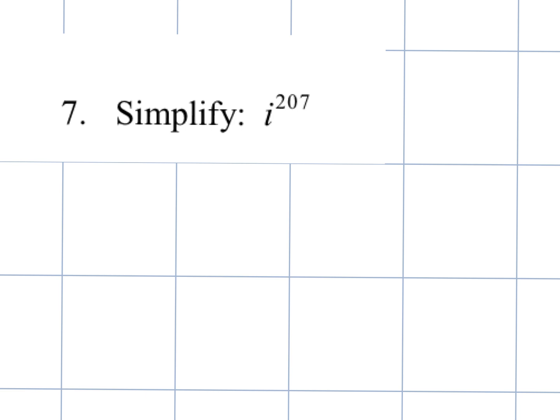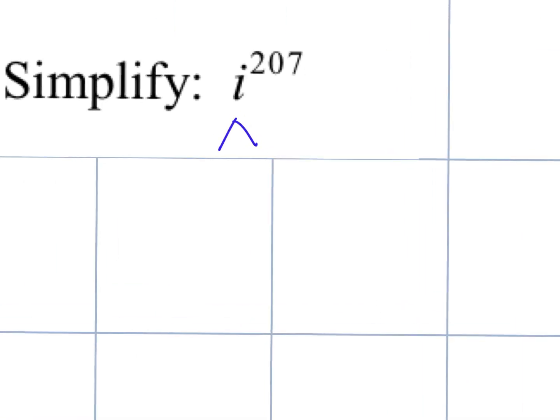Okay, you're going to have a question or two like this on your quiz where you have to simplify i to a certain power. So I have a positive exponent, so I know I'm going to keep i in the numerator. And then we talked about rewriting your i's in terms of i squared. So I'm going to write this as i to the 206 power times i to the first power. So now to write this in terms of i squared, I'm going to divide this exponent by 2.